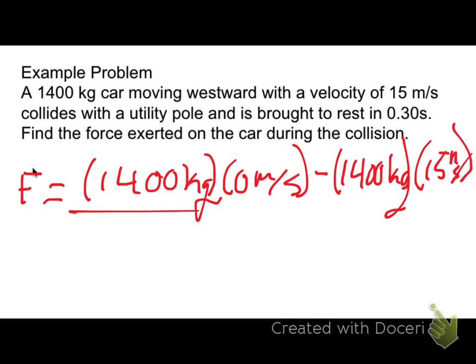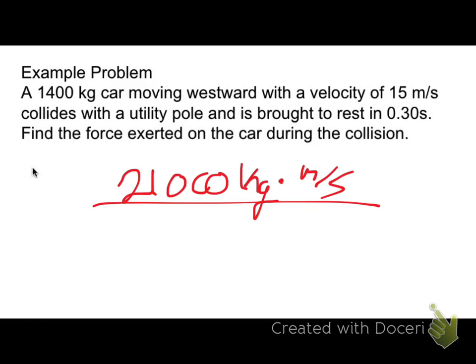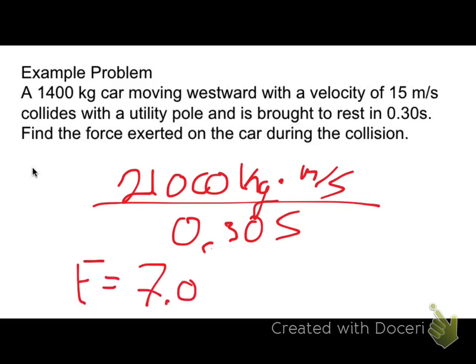And then we're going to divide all of that by 0.30 seconds. So what we wind up with is about 21,000 kilograms times meters per second, which is our change in momentum rather, divided by 0.30 seconds, which when you do the math, the force then comes out to be 7.0 times 10 to the 4th newtons.